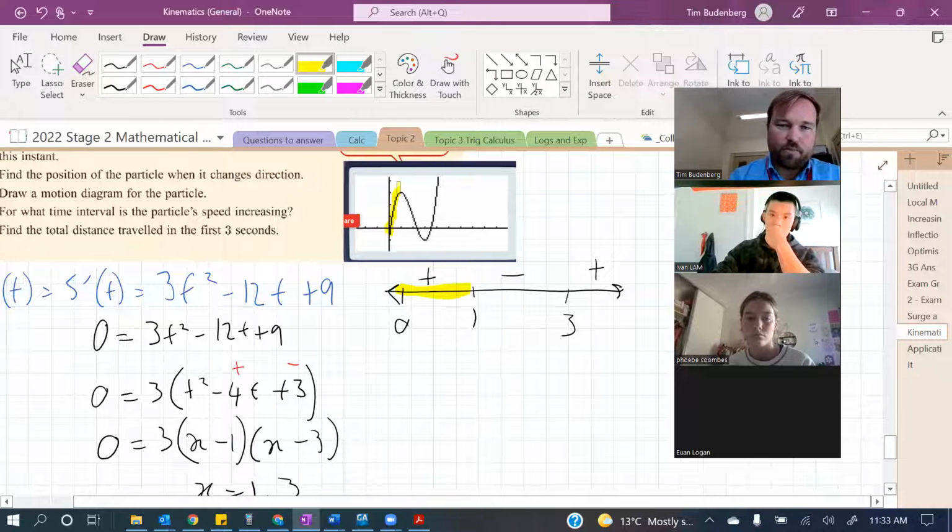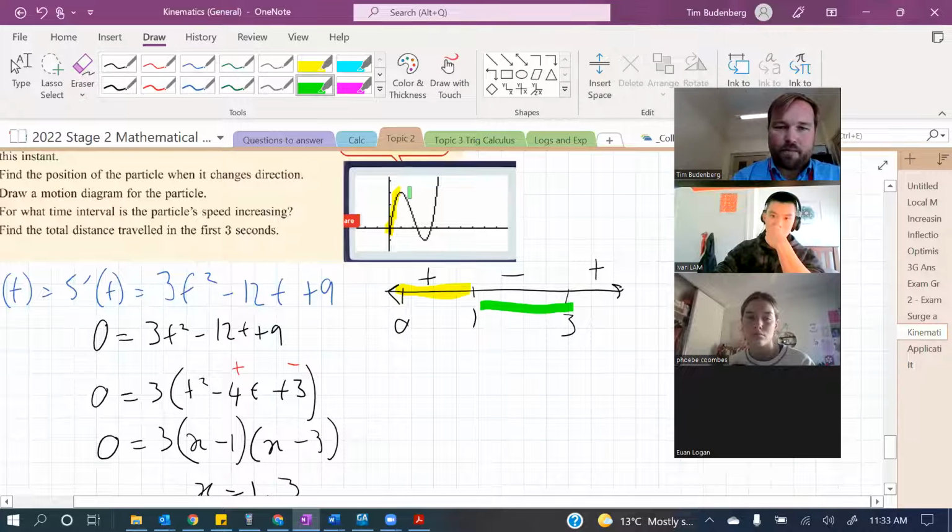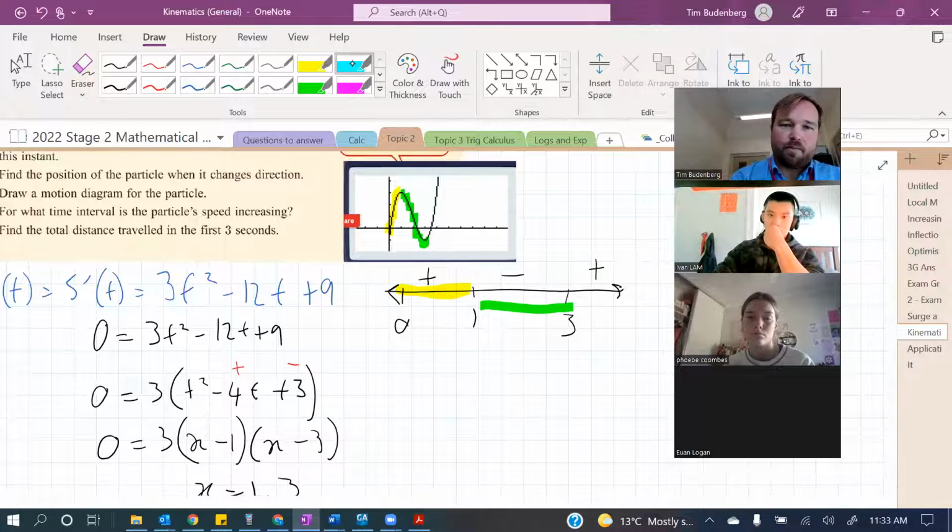You see how the slope is positive there, meaning the particle is moving to the right. Then between 1 and 3, the slope is negative, meaning it's moving to the left. And after that, the slope goes positive again.